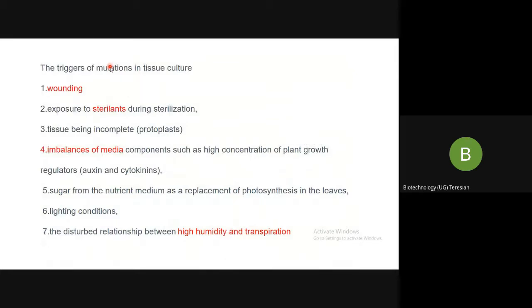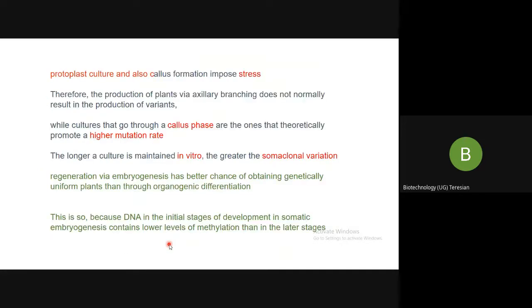So what are the factors that are triggering such type of mutation? If there is a wound, exposure to sterilants, which we spoke about, tissue being incomplete, that is, the tissue not having a cell wall, imbalanced media components such as high concentration of plant growth regulators, sugars from the nutrient media being a replacement for photosynthesis in the leaves, lighting condition, that is, the physical conditions, the disturbed relationship between high humidity and transpiration.